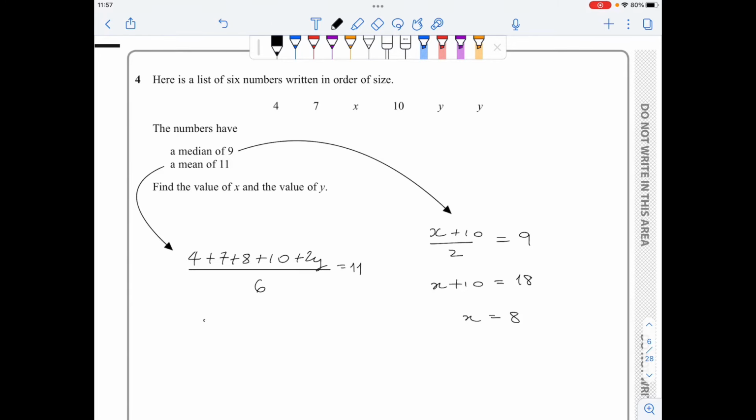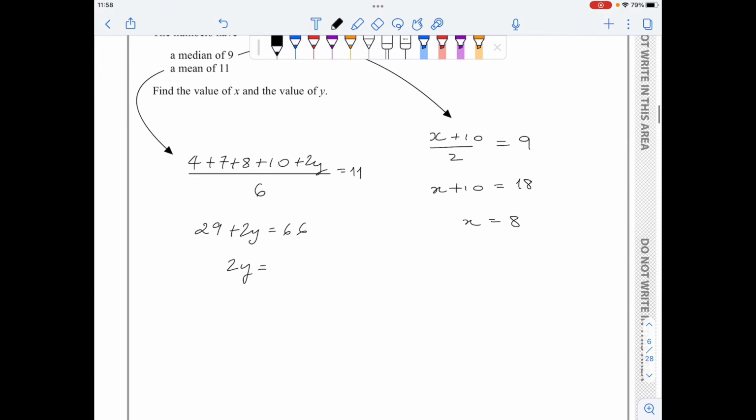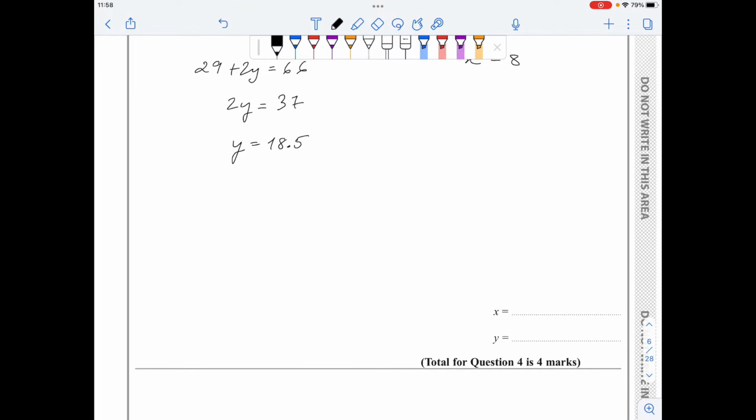So the numerator is 29 plus 2Y, which gives me 11 times 6, which is 66. So 2Y is equal to 66 minus 29, which is 37. Y comes out to be 18.5. So let's write the answers, 8 and 18.5.